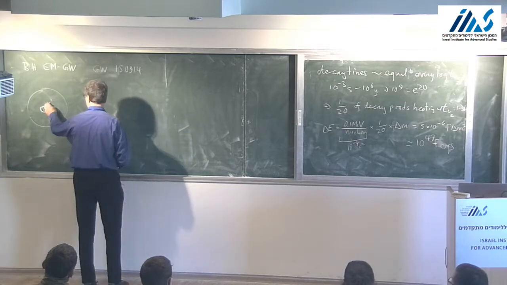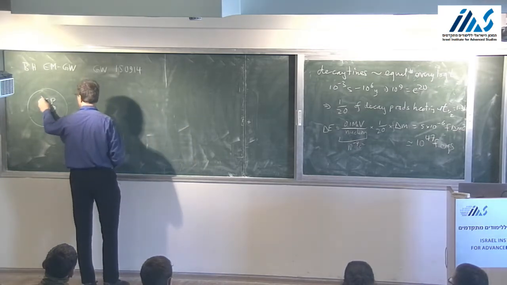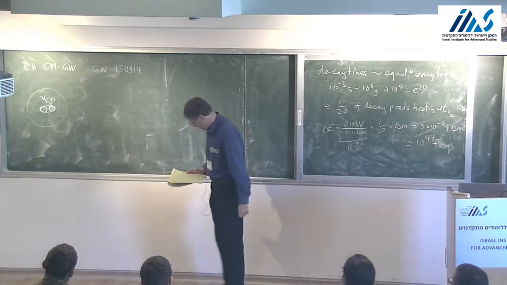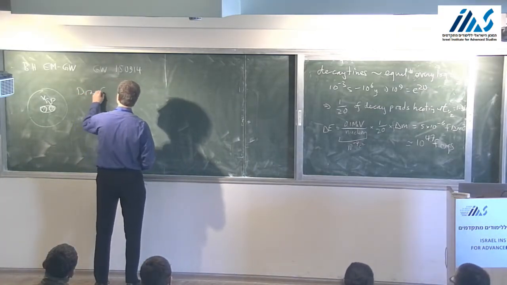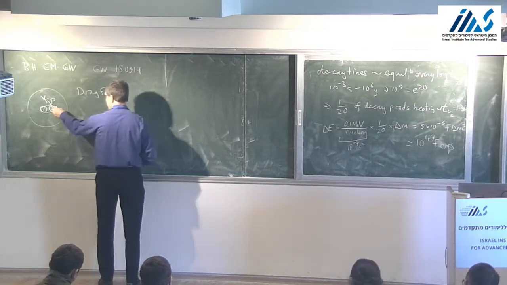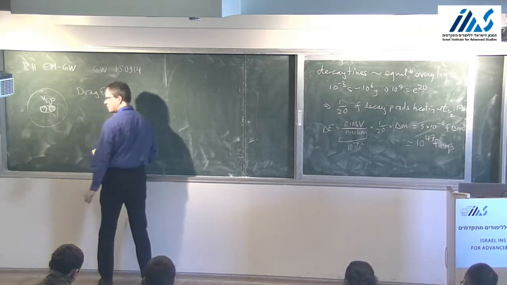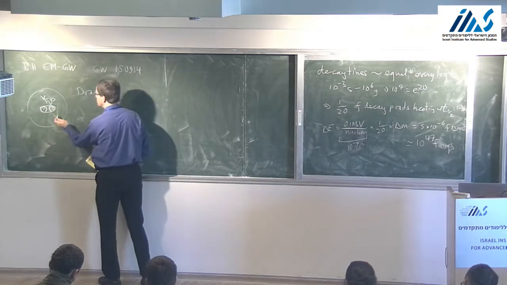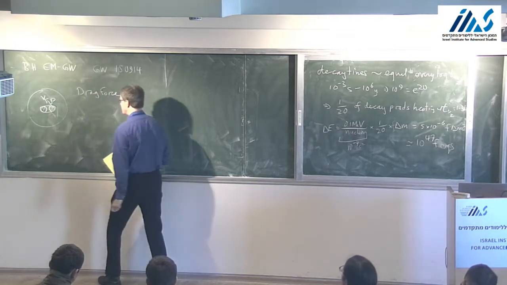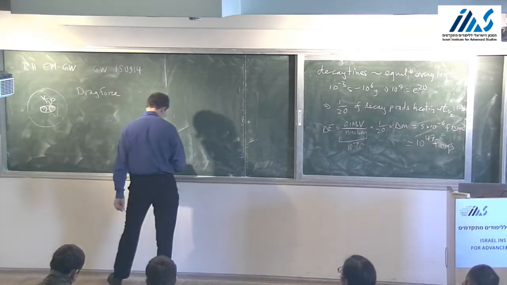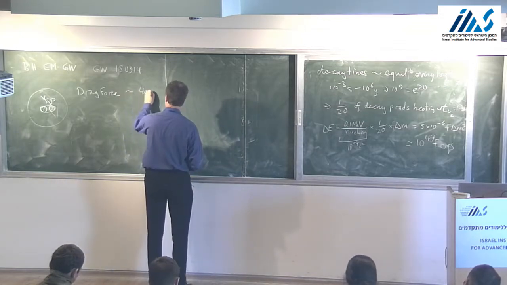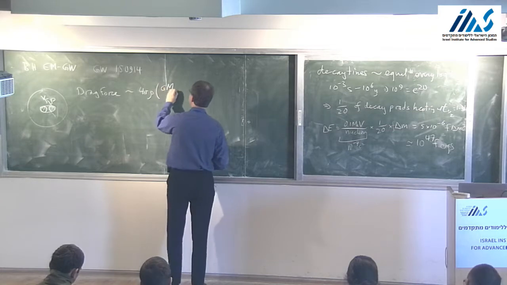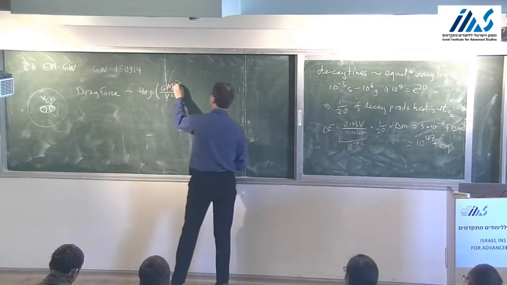So if I have the 2 black holes that are orbiting with a velocity v in a medium with a density rho, then the drag force: as the black holes are moving, there will be a wake behind. The usual Bondi-Hoyle gravitational attraction of the wake exerts a drag, and the drag force is roughly 4 pi rho times the area of the focused flow.